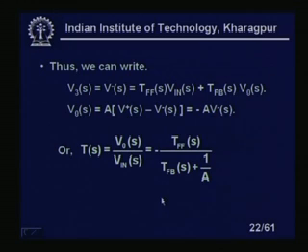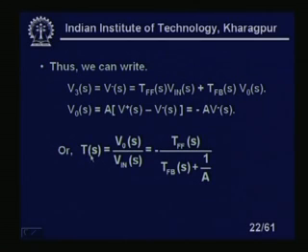So, V0(s), the output voltage obviously, equal to the gain of the op amp multiplied by the difference of the two inputs, V plus (s), and since V plus (s) is 0 because it is connected to ground, it is coming minus A V minus (s).